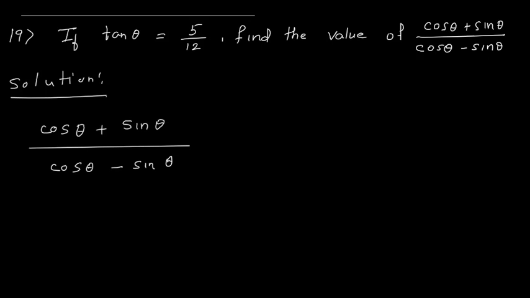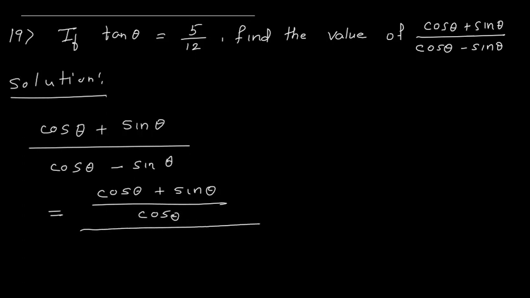So here I will write: numerator is cos theta plus sin theta, and this whole term I will divide by cos theta, and denominator is cos theta minus sin theta, and this denominator also I will divide by cos theta.